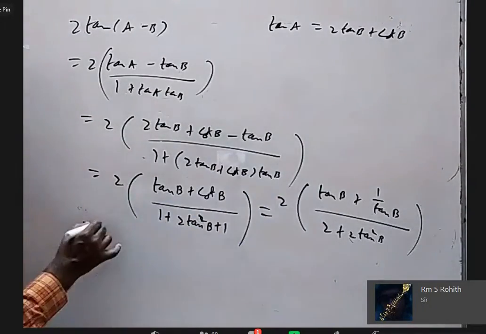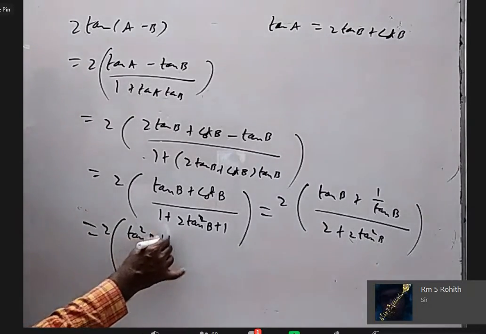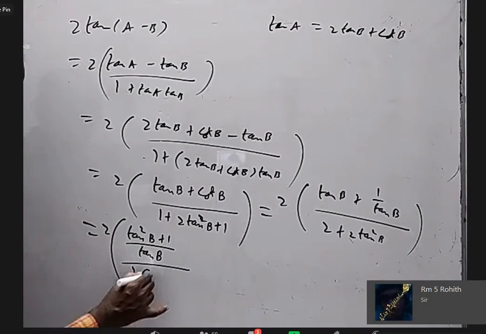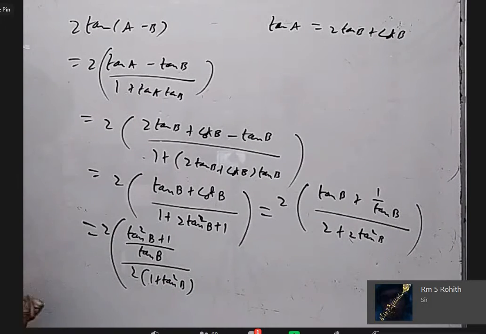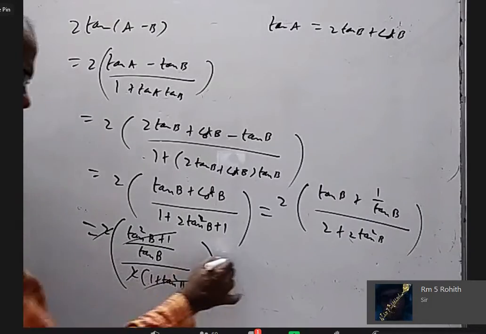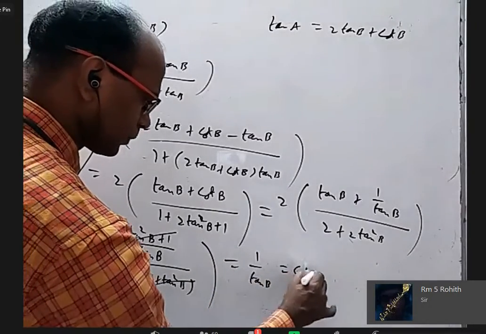So I take LCM: 2 into tan square B plus 1 by tan B. 2 common will give 1 plus tan square B. This 2 will cancel, 1 plus tan square B will cancel. You will be left with 1 by tan B, which is cot B.